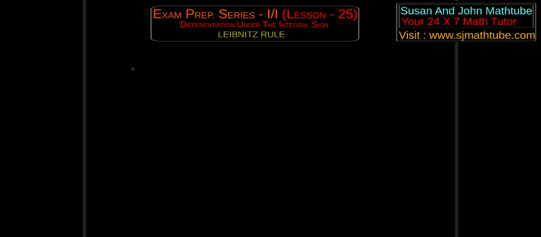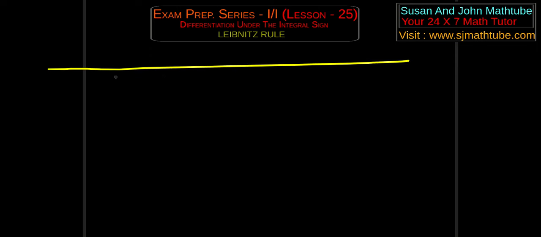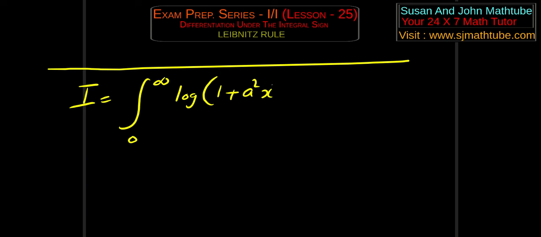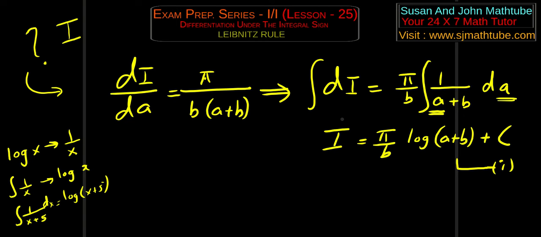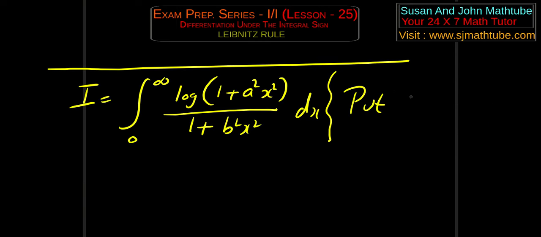Okay, so time for the box, and in the box I'm going to write the question. Integral 0 to infinity log (1 plus a square x square), the whole divided by (1 plus b square x square) dx. Okay, come on, tell me. I did differentiation with respect to a. Put a equal to dash. Give me capital I equal to 0. Very simple.